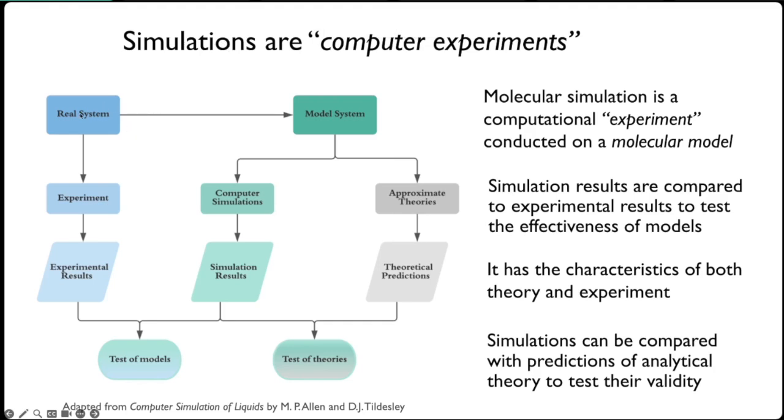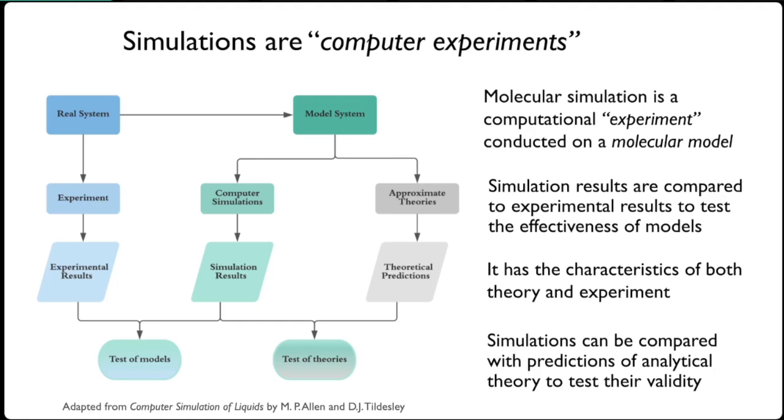We have reality. I can do an experiment with reality, and I can get my experimental results from this. I can also propose some kind of model system that maps imperfectly to the real systems. And if it's going to be an approximate theory, then I can make a theoretical prediction. I'll do analytical transformations of my theories, and then I will say, this is what my theory generally predicts.